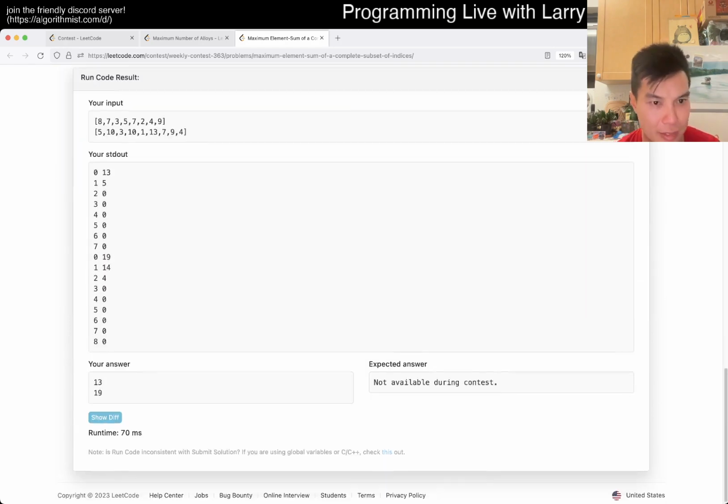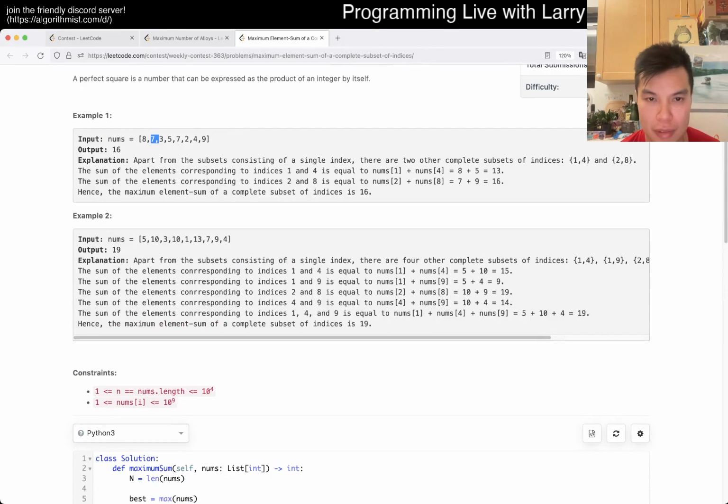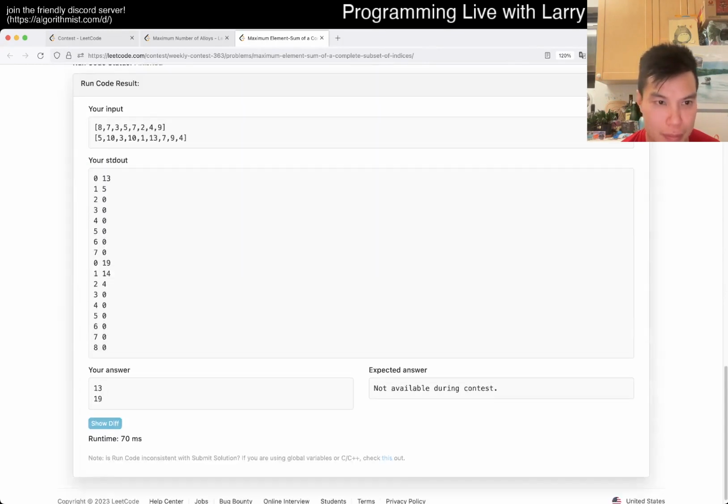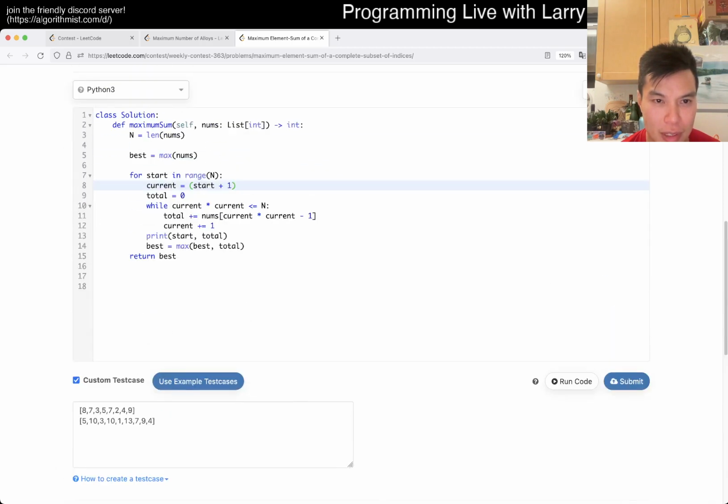It's not even right. Right. Okay, 1 and 4. 1 and 4 is 13, okay. What is 1? 1 is 5, which is really wrong. Oh no, this is. Okay, let's just do this for now.